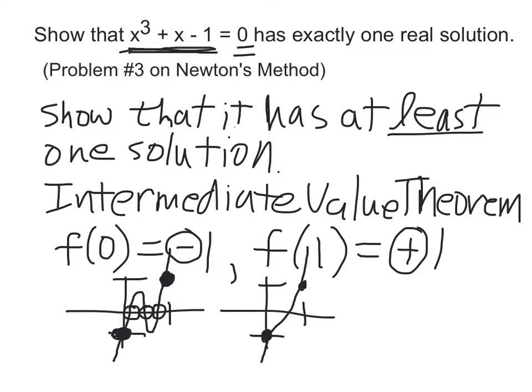There's at least one place where the function value is 0. Okay? So that shows not so much exactly one, but at least one. Questions on that?